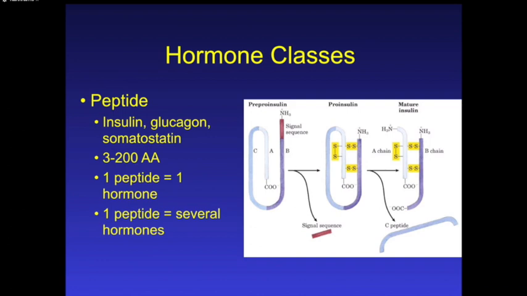In early treatment of diabetes, the source of the insulin was from pig, and what they did was they harvested the tissues, they extracted the insulin, and that was the source of the insulin.